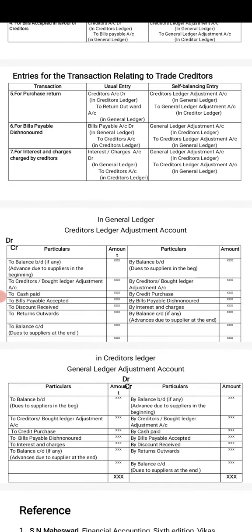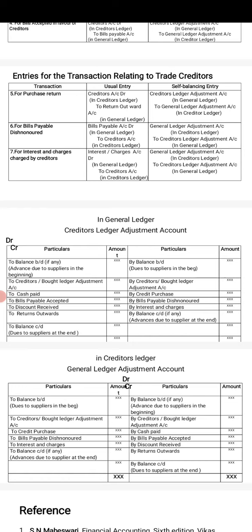First you have to enter in general ledger. In general ledger we have to prepare creditors ledger adjustment account. So as I explained in the previous session, general ledger includes assets accounts, liabilities account, expenses account, income account.